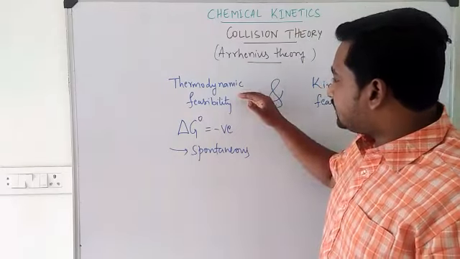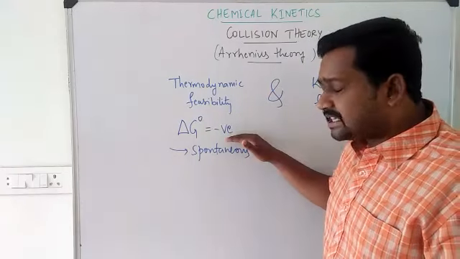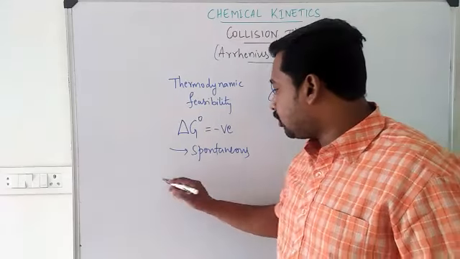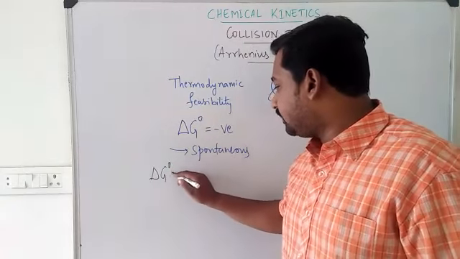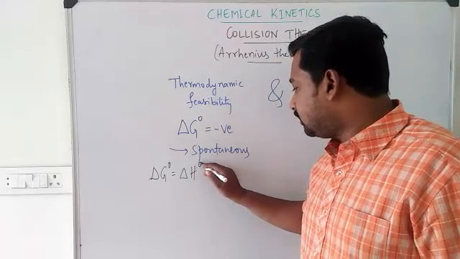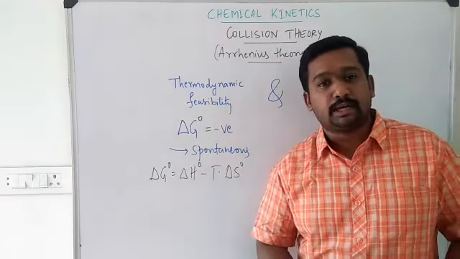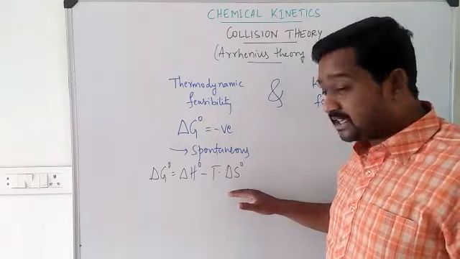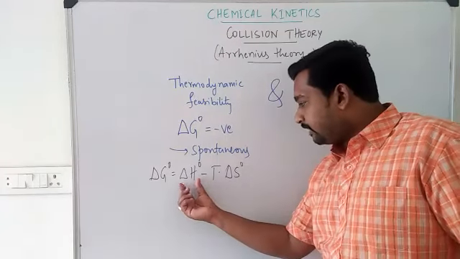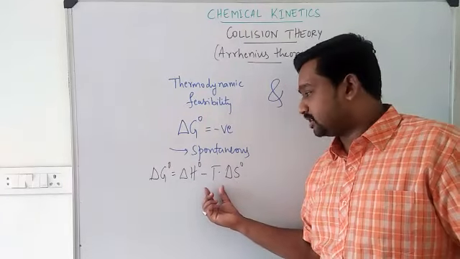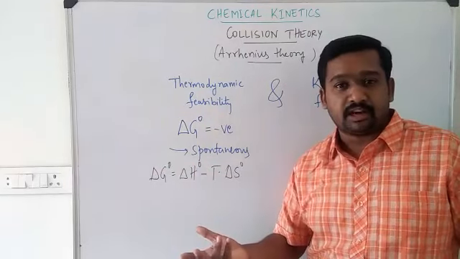Now, if I consider a reaction and discuss delta G naught, it depends once again on the values of delta H naught, temperature, and delta S naught: delta G naught equals delta H naught minus T delta S naught. This is the Gibbs equation. When we know the value of delta H, delta S, and temperature condition, we can say what the delta G value is.